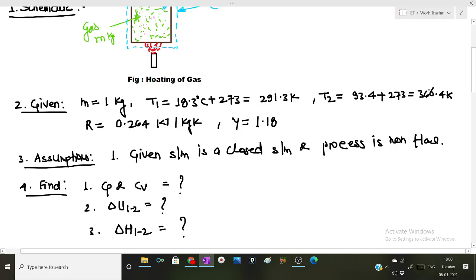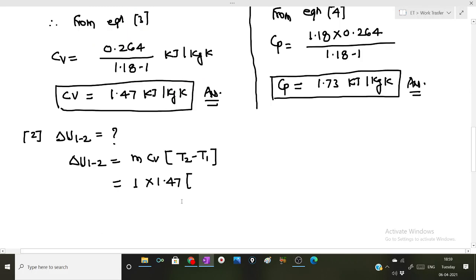This is 366.4 Kelvin. T2 is 366.4 minus T1 is 291.3. So from here, change in internal energy during this process 1 to 2 comes out 130 kilojoule.